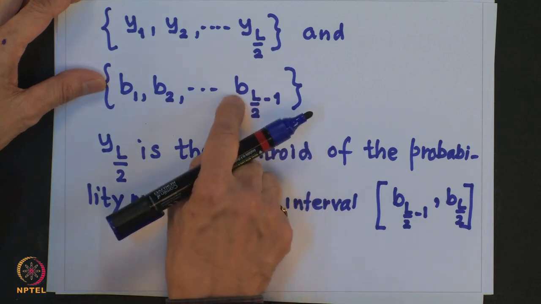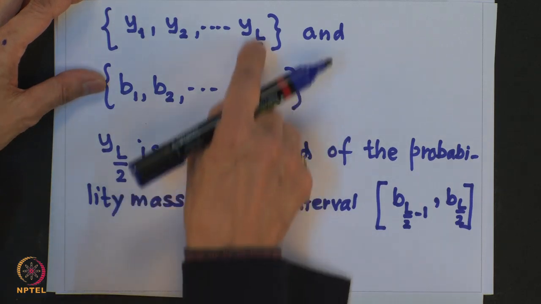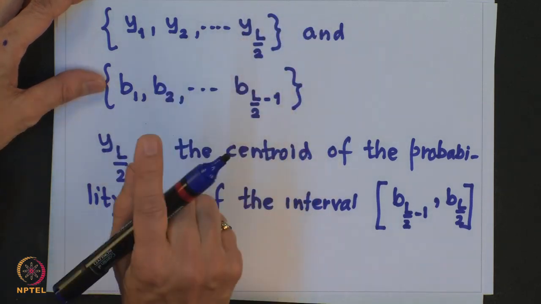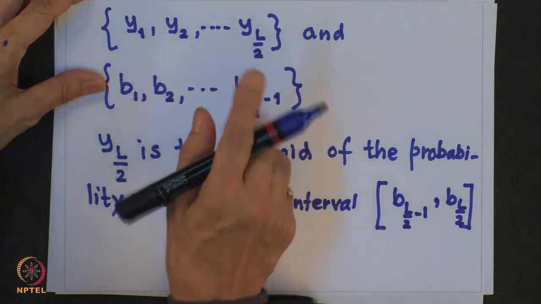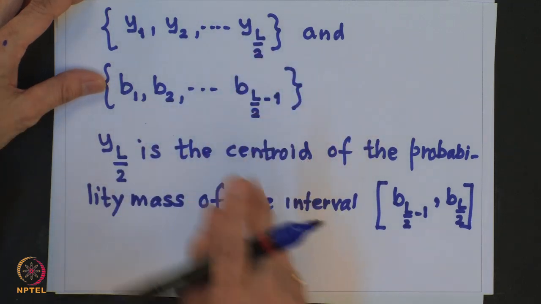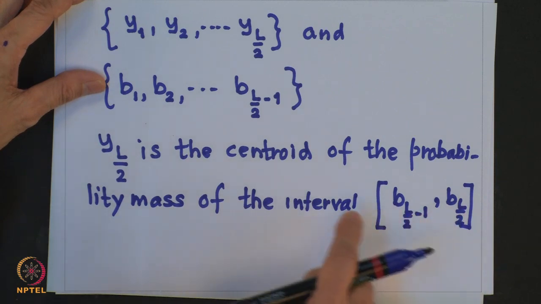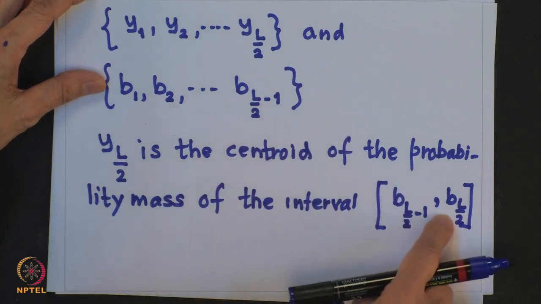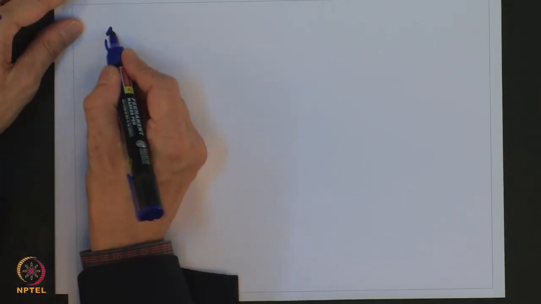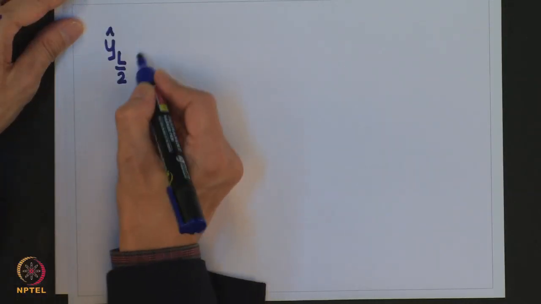But remember, once I get this quantity out here, I already got my yL/2. So, yL/2 I am getting from two places. So, let me call the output which we get using this and my knowledge of BL/2 as y hat L/2.